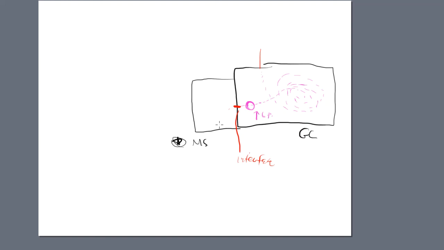All right, up next, another temperature setting that you saw on there was the ion source temperature. That is the piece that's going to be in the mass spec system right here. After the interface, the sample typically goes into the ionization source chamber, and that is where it gets punched, where it loses an electron, and where it begins to fragment.